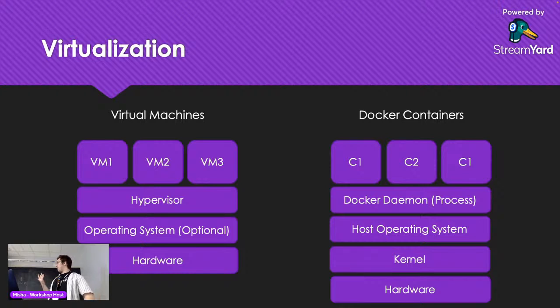With virtual machines, there is also an optional operating system layer between the hardware and the hypervisor. This distinguishes type 1, which doesn't have an operating system, and type 2, which does. If you've ever used a virtual machine, like VMware Workstation, on your personal computer, you probably used type 2, which has your main operating system installed.